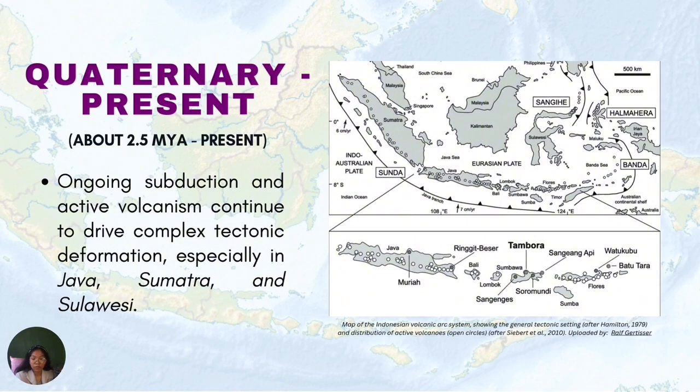And also, this active volcanic belt is known as the Sunda Arc, and it's a direct result of the subduction process. Also, subduction not only causes volcanoes to form but also produces intense tectonic deformation, which shapes the island's current structure and drives continuous land uplift, basin formation, and crustal adjustments.